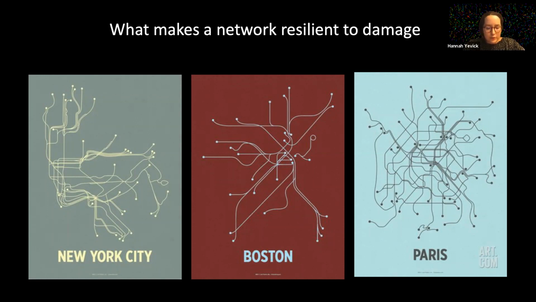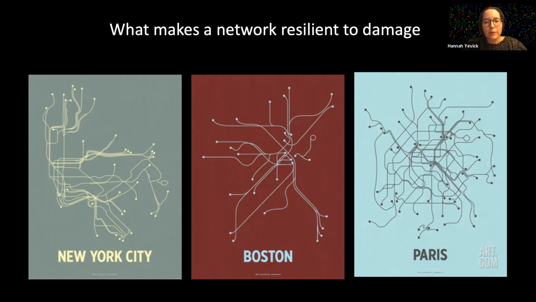And what's intuitive is that redundancy in your network system is important to ensure its resilience under damage. You can imagine you want to ensure that there are a lot of different backup paths in your system, where if some nodes, or subway stations for example, get damaged, the rest of the system can still continue to function. So I got interested in thinking about whether this is the strategy that the embryo uses.